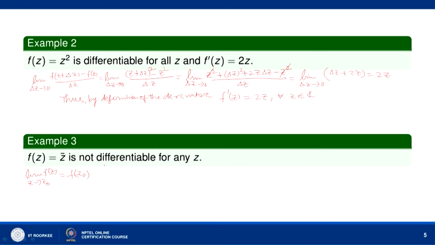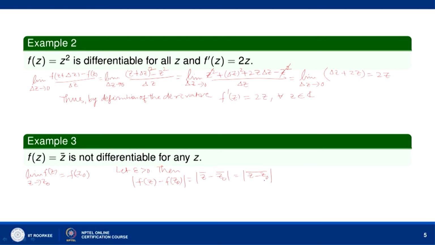So, for this to prove, what do we do? Let epsilon be greater than 0. Then consider mod of f z minus f z naught. This is equal to mod of z conjugate minus z naught conjugate. And this is equal to mod of (z minus z naught) whole conjugate.